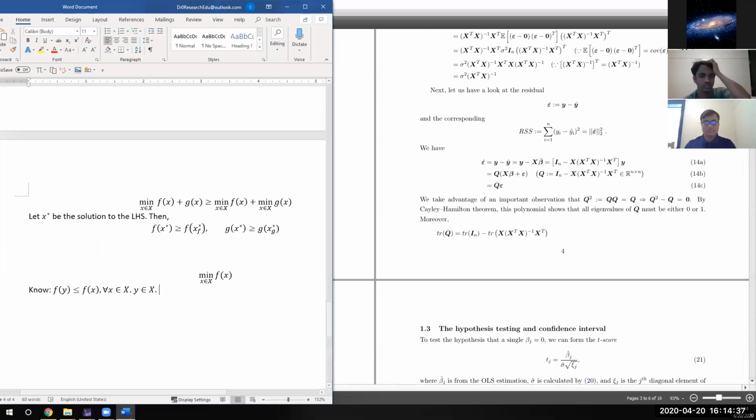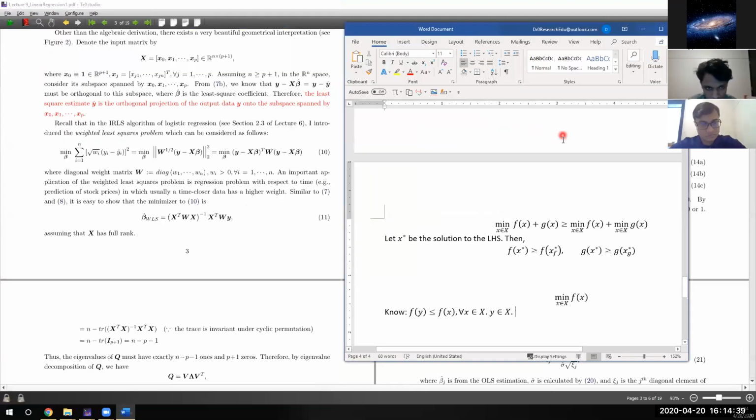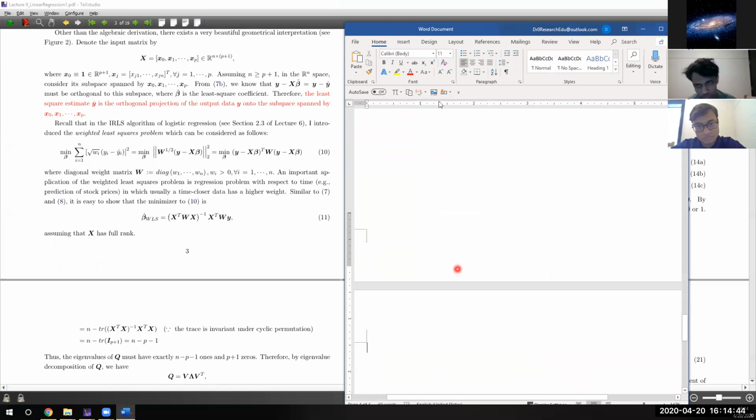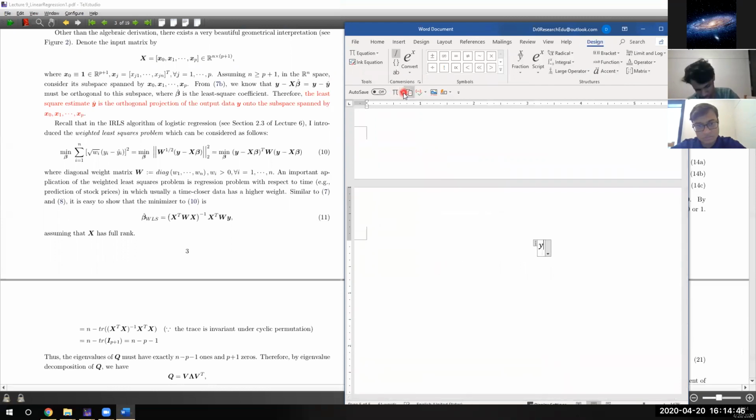Think about this. Suppose I have y1, let's make it one dimension to make my life easier, equal to beta 0 plus beta 1 x11 plus up to beta p x1p.